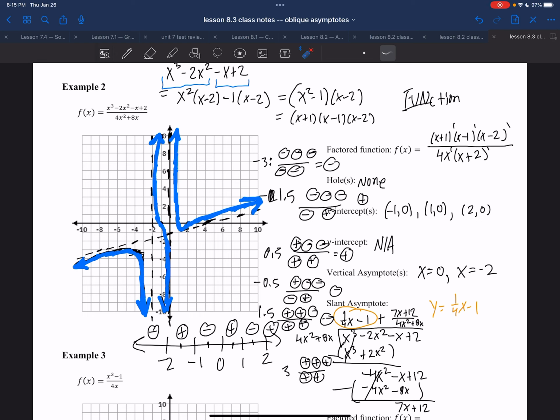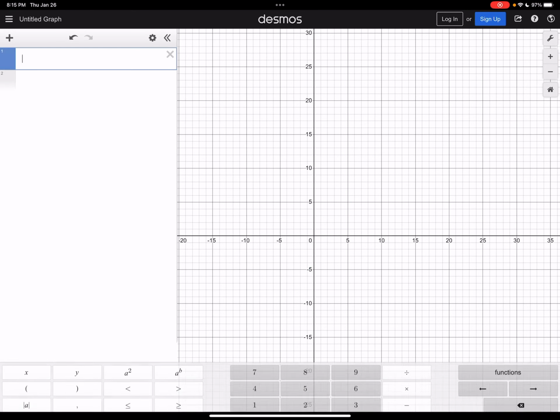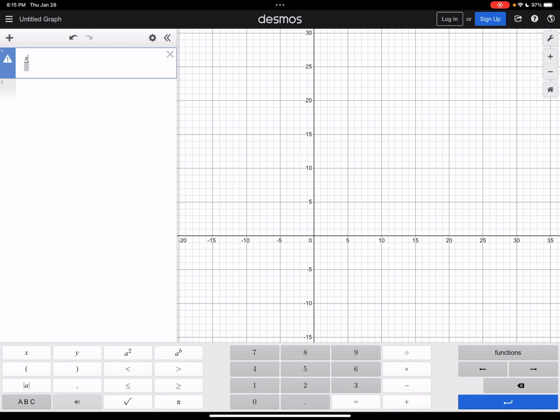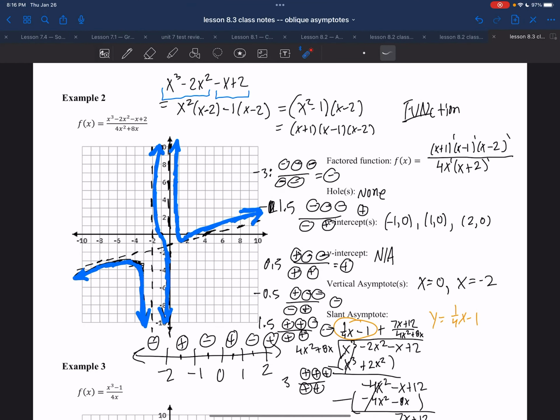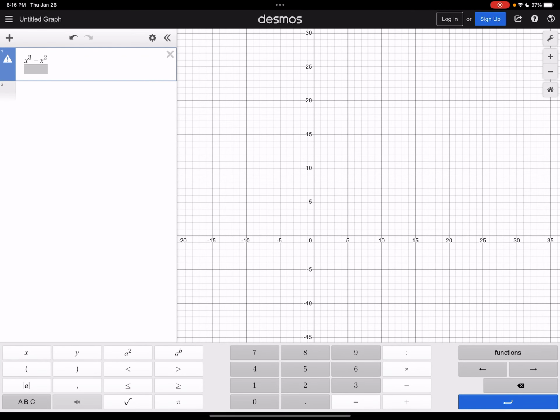So let's actually graph this. Let me see. 1, -2, -1, 2. Oh, can I remember that? Okay, what did I say? 1, -1. Hold on. Okay, -2, -1, 2.